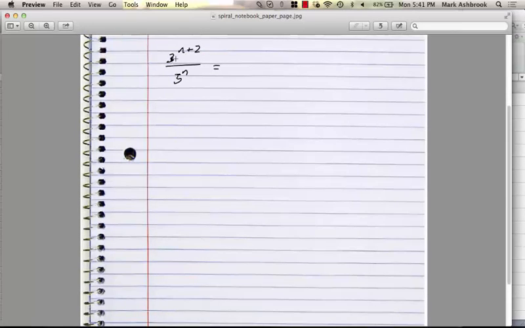So it's the same as multiplying 3 together n times, but then how many more 3's? 2 more 3's, right? If you're multiplying 3 together n plus 2 times, you can multiply 3 together n times, and then multiply by 2 more 3's. Does that make sense? So 3 to the n plus 2 is the same as 3 to the n times 3 squared over 5 to the n.